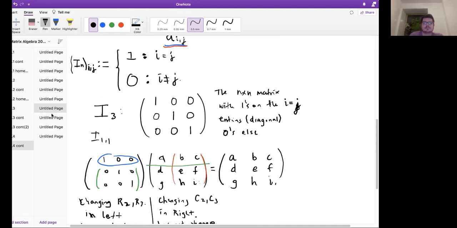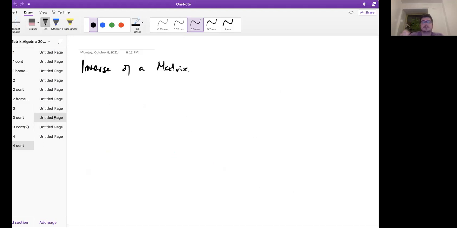So let's talk about identity. When you're developing algebra, you want to think about inverses. When you think about inverse, first of all, when you talk about the inverse of a number, what's the multiplicative inverse of a number?